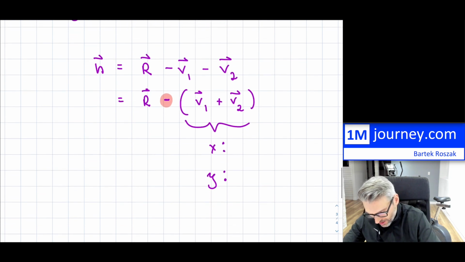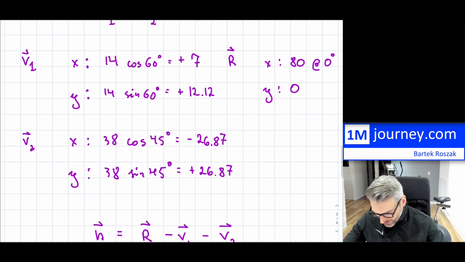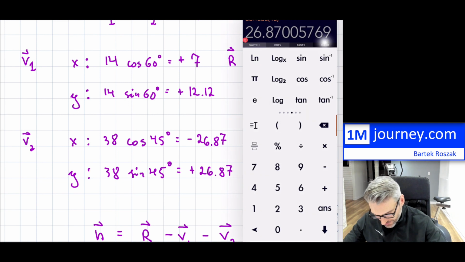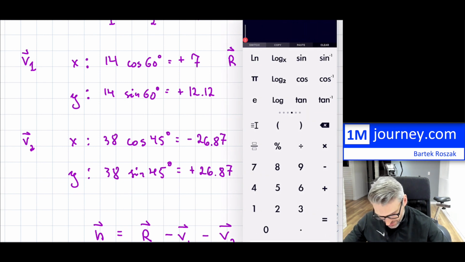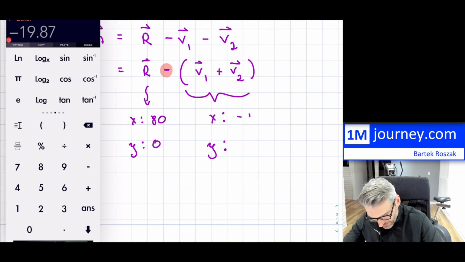I already have my r, right? So the x component of r was 80, and my y was 0. Let me just add those up. My x is 7 minus 26.87, so that is negative 19.87.